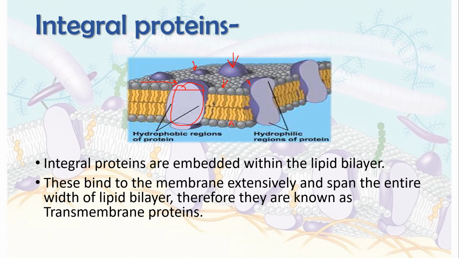See, the area that spans the hydrophobic core of the lipid bilayer is the hydrophobic region of the protein, and the areas here and here, which face the cytosolic or the extracellular ends, are the hydrophilic or polar regions of the protein, because they are made up of polar amino acids.